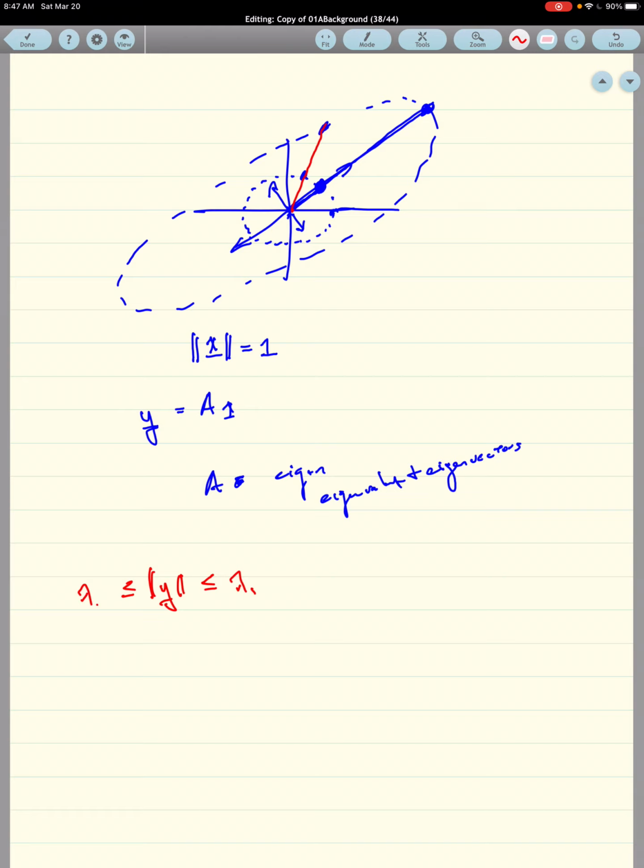They're going to be less than the larger eigenvalue, lambda 1, and greater than or equal to the smaller eigenvalue, lambda 2. Essentially lambda 1 is this magnitude here, lambda 2 is this magnitude here.